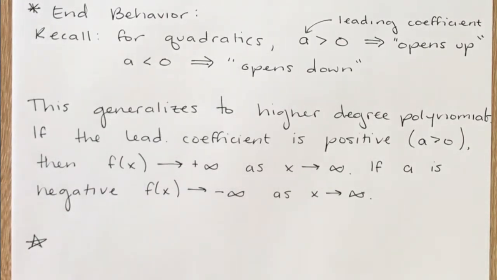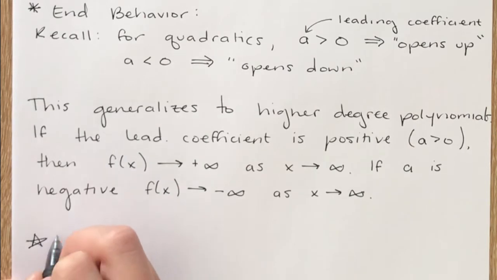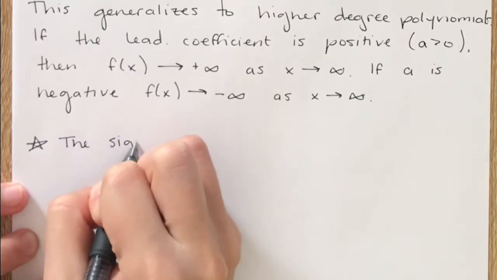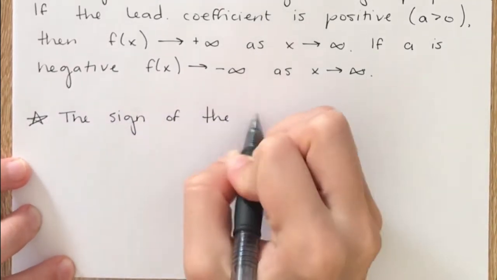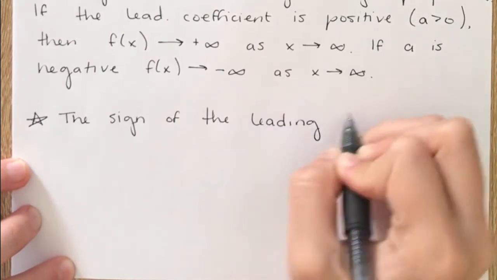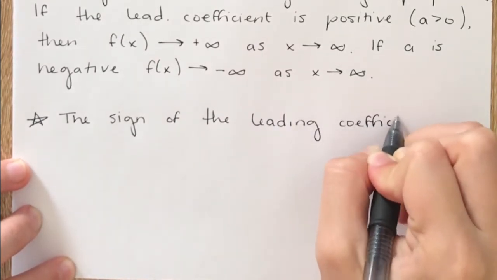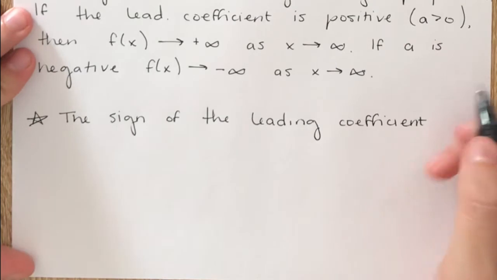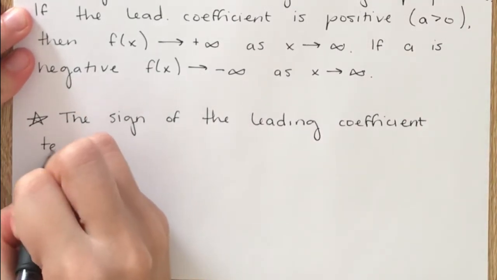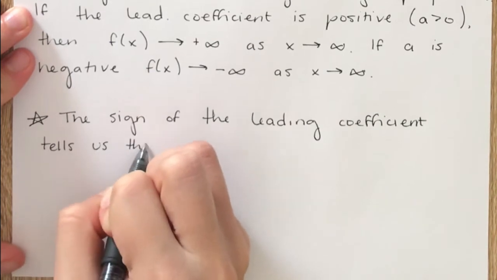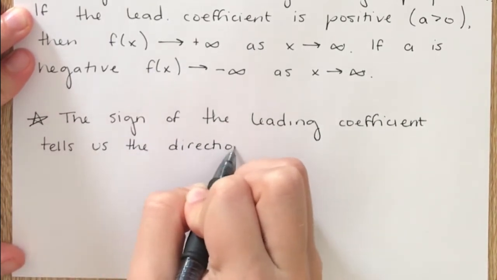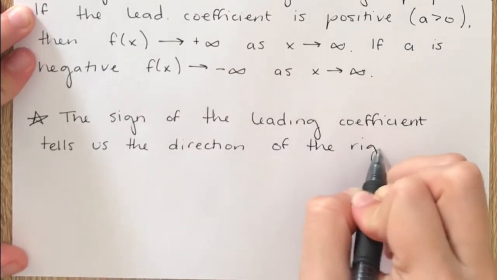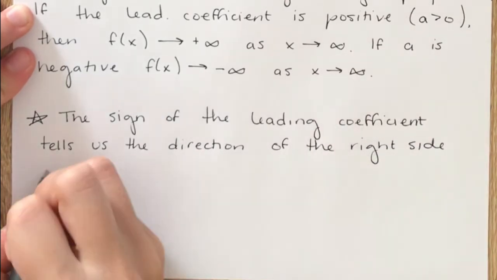So another way to say this is the sign of the leading coefficient tells us the direction of the right side of the graph.